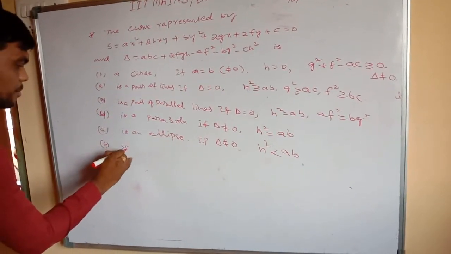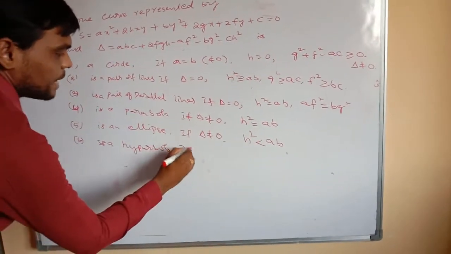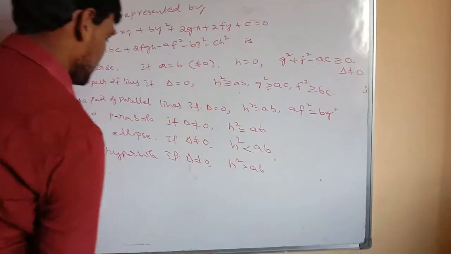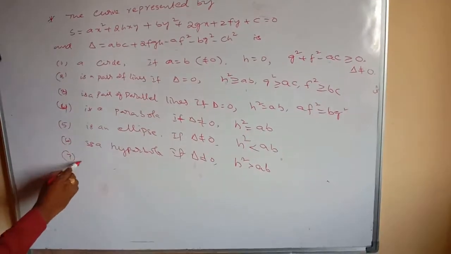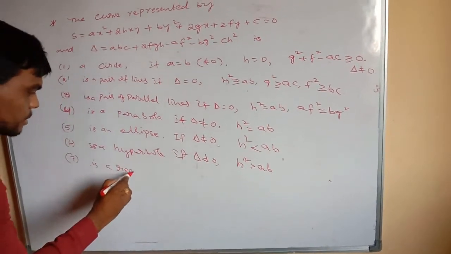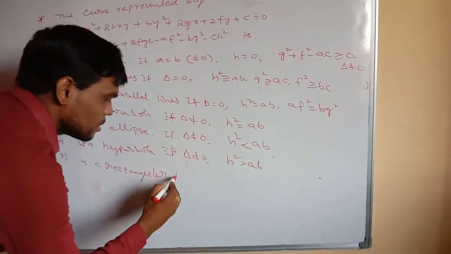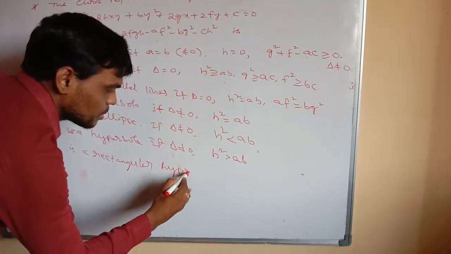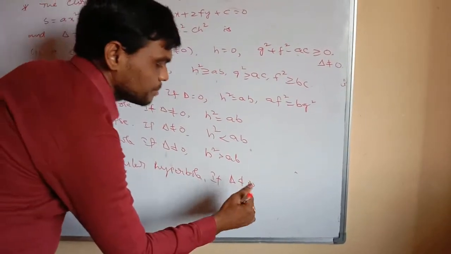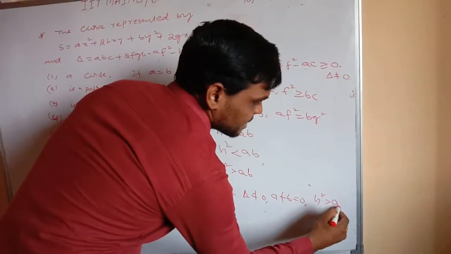The sixth one is a hyperbola, if delta is not equal to 0 and h square is greater than ab. And the seventh one is a rectangular hyperbola, if delta is not equal to 0, a plus b is equal to 0, h square is greater than ab.